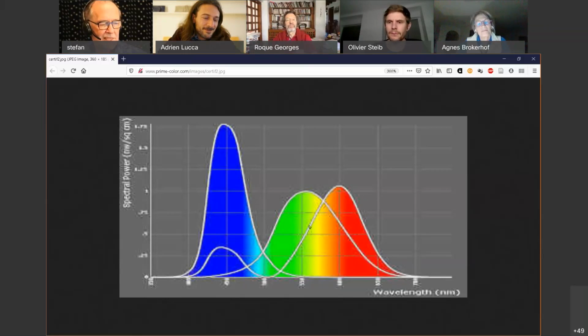These are the sensitivities of the three receptors in our eyes that give us color. And it all kind of hangs together. And it was nice to see an artist and a scientist in colorimetry really converging on the same kinds of discovery of where the important regions are. That's my comment.